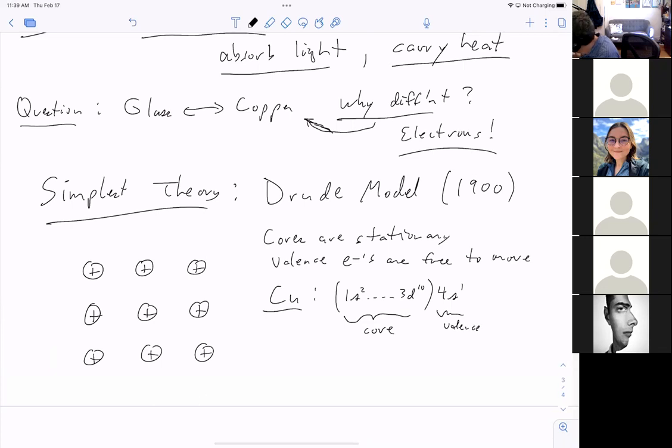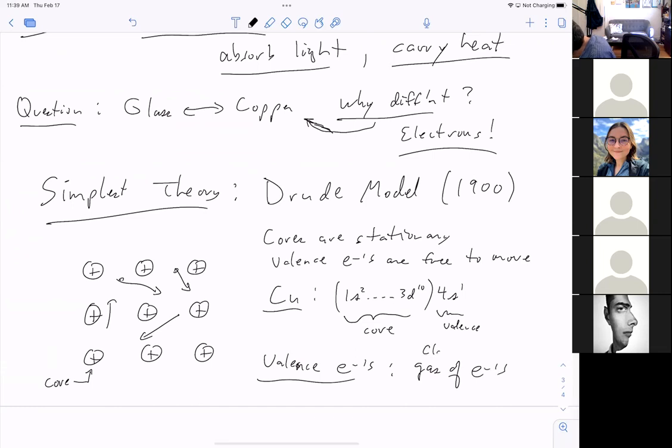So when I draw these cores, this little circle with the plus inside is the core. But the valence electrons are free and they just bounce around like a gas. So the valence electrons form a gas of electrons.